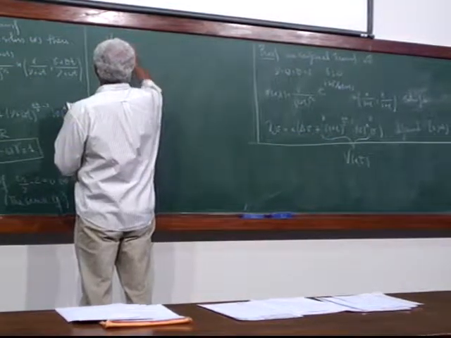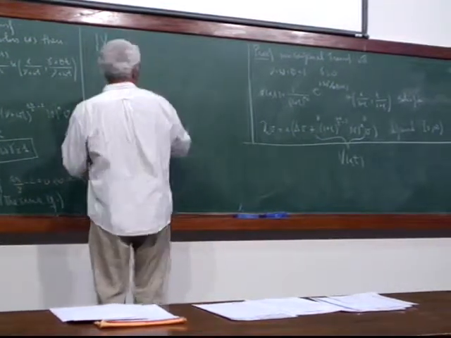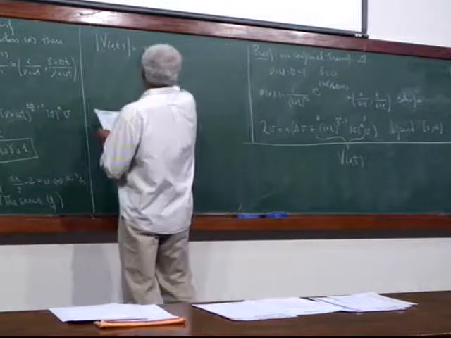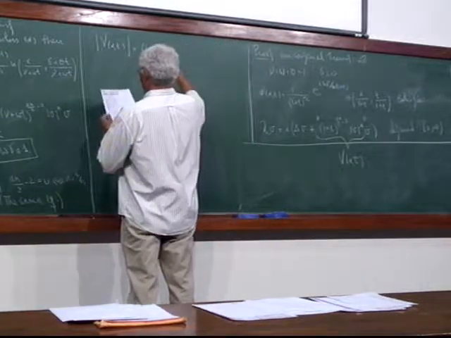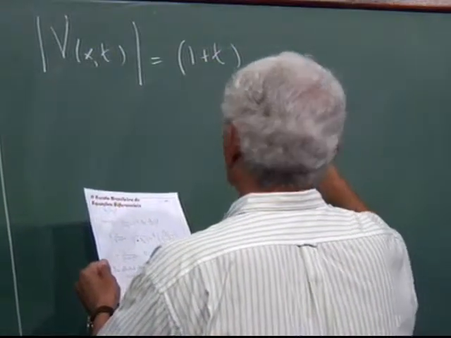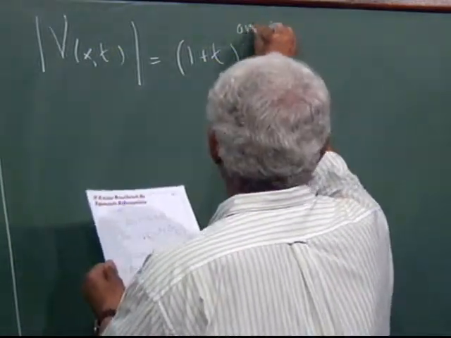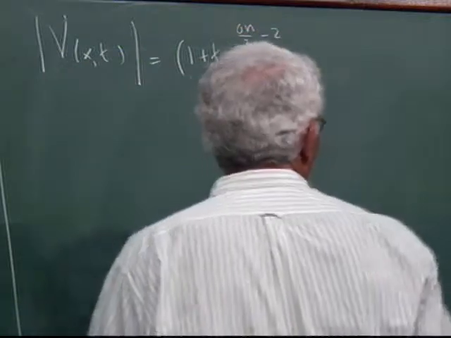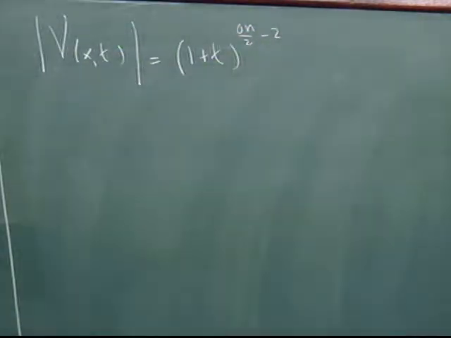B of xt is equal to this, 1 plus t to the power a n over 2 minus 2, b to the power a, all this, right?